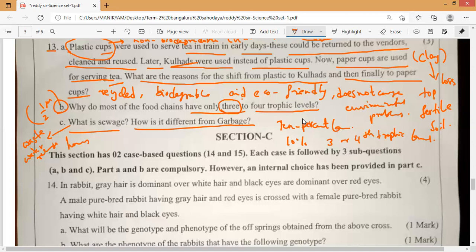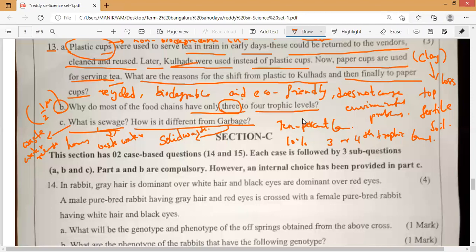Now garbage is a common thing where we dump everything, a solid waste. Sewage is a liquid and also contains disease causing organisms. Garbage is a solid waste, but sewage is wastewater. So that is the difference.